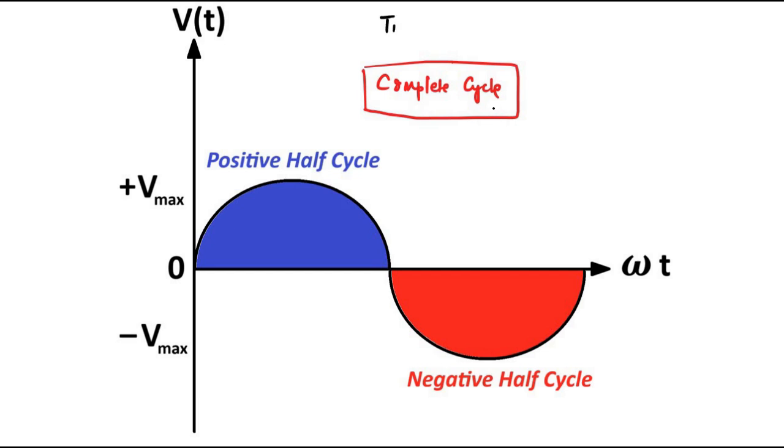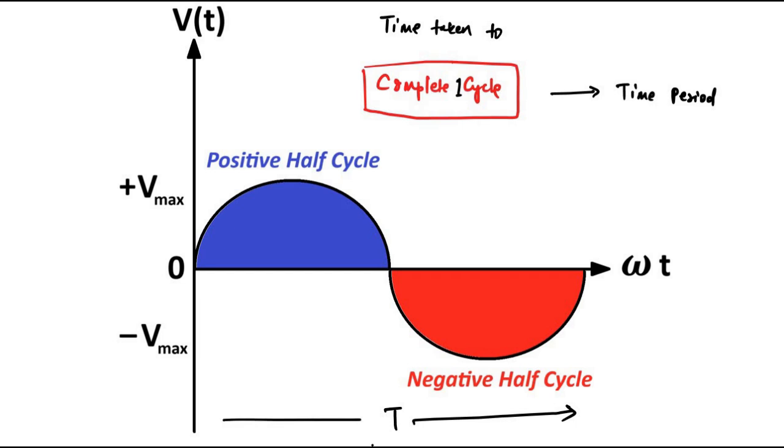So the time taken to complete one cycle is called the time period of the signal waveform. The time taken to complete one full cycle.